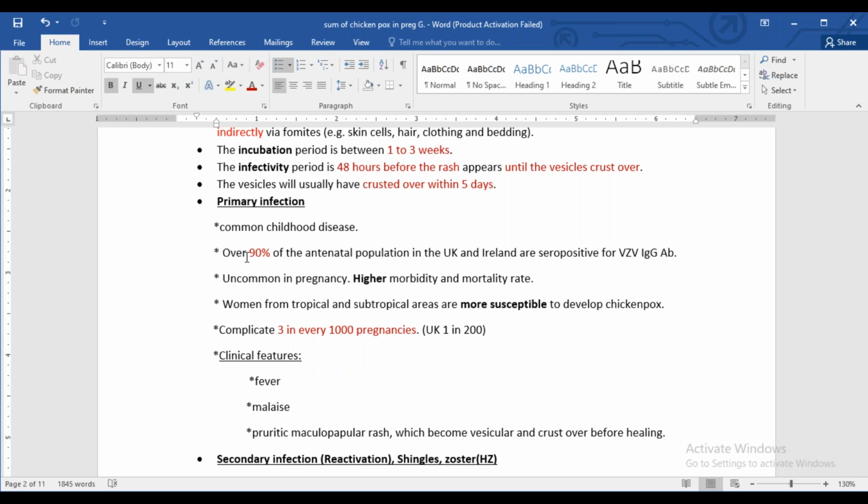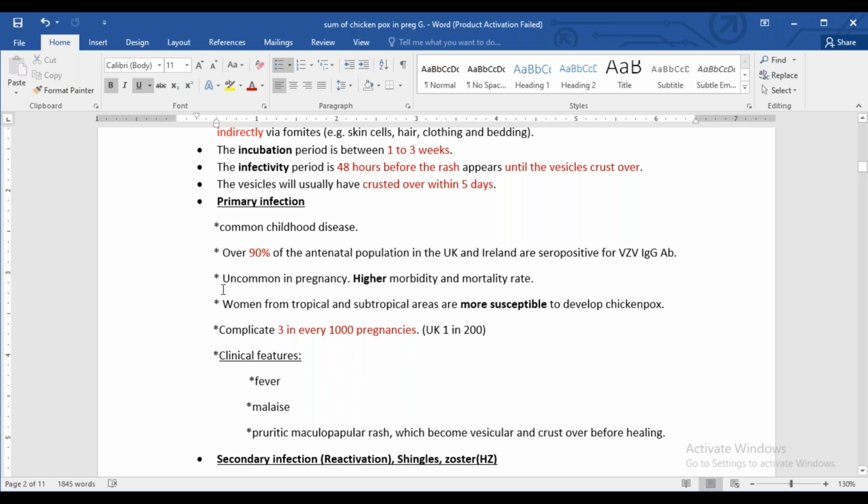So in Ireland, they stated that over 90% of the antenatal population in UK and Ireland are seropositive, but in the UK, in the GTG, they stated 85%, maybe because the GTG is more recent than this one. Seropositive means those people are immune. They have the IgG antibody.